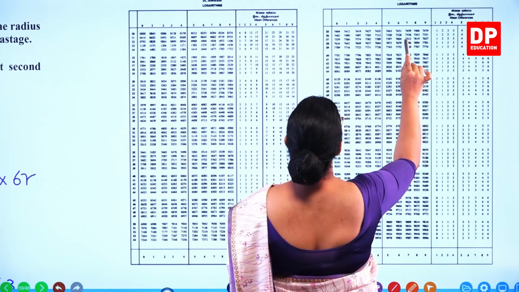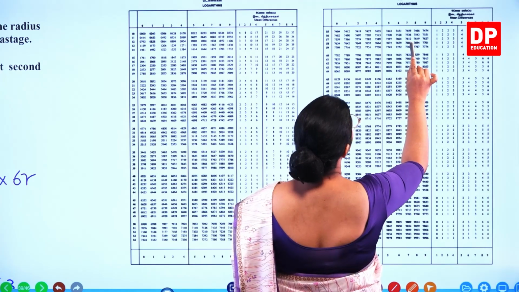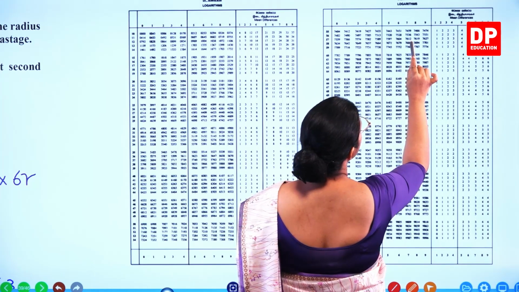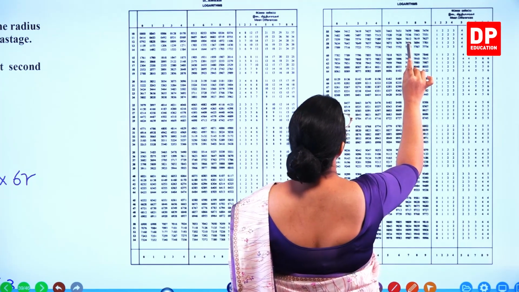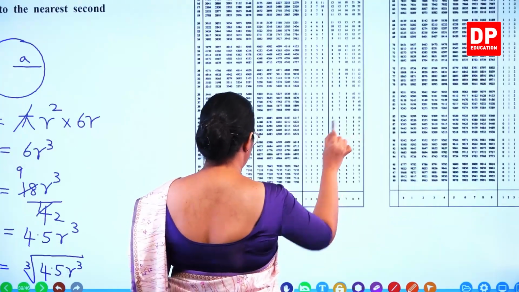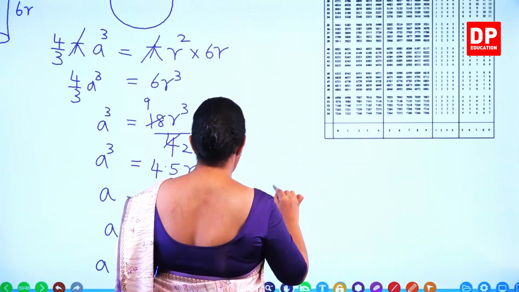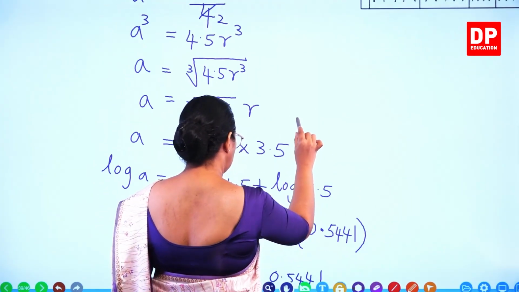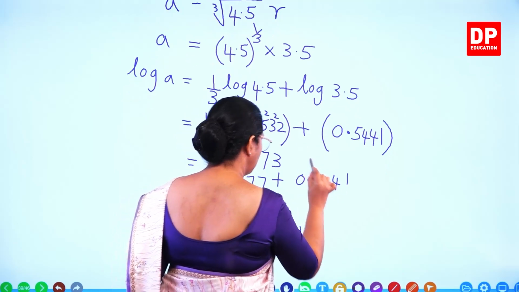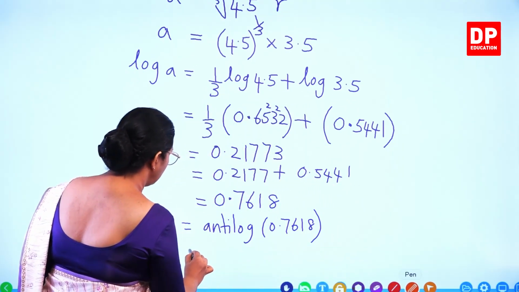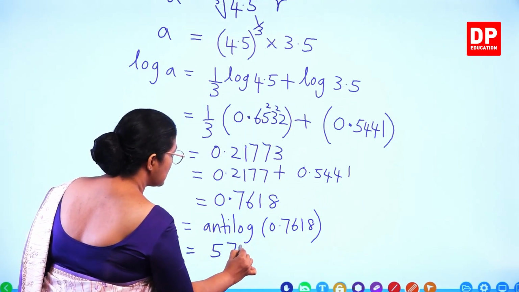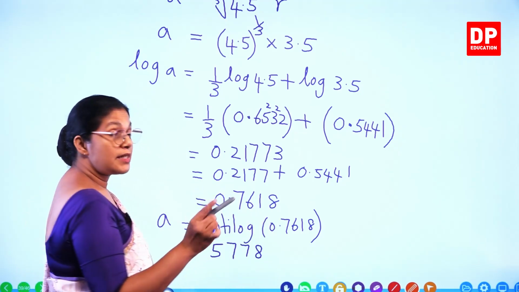So we can take 57, 7 and 8. 57, 7, 8, and here the characteristic is 0.